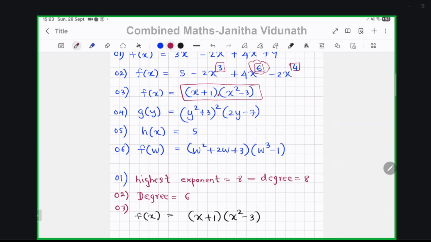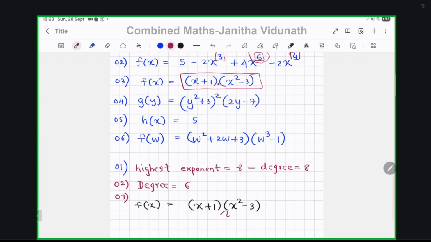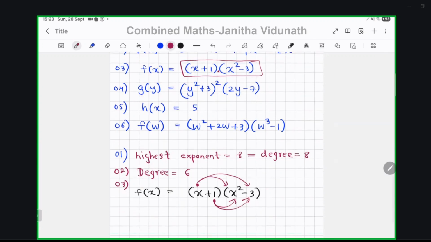We can think the first term multiplies with these two terms, and the second term also multiplies with these two terms. Since they only ask for the highest power or the exponent, the highest power should be obtained by multiplying the highest power of each bracket. This is the highest power term of the first bracket, and x square is the highest power term of the second bracket.